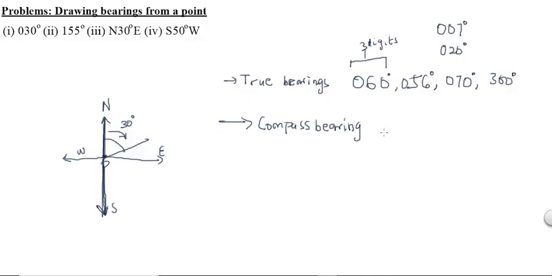Compass bearings are written in the form of north 30 degrees east or south 50 degrees west. The north and the south are the two key reference points with compass bearings. Then we look at how close they are to the east and the west. To help you understand, let's quickly jump into examples so that you can understand how to do the true bearings and the compass bearings.